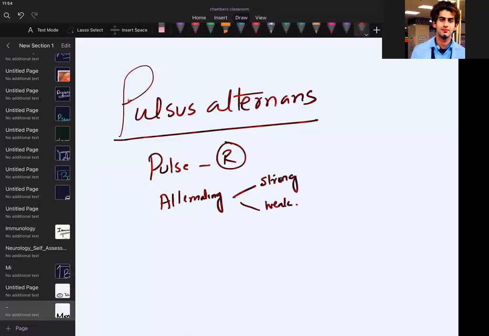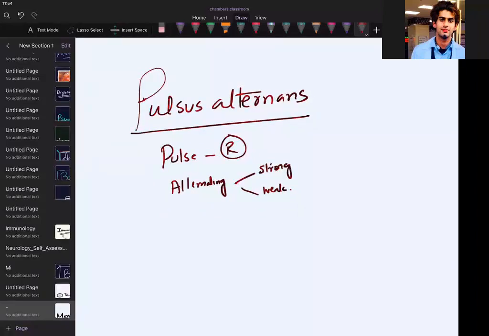There is some difficulty while palpating this, so it won't be so prominent. You need to diagnose it by using a blood pressure machine.